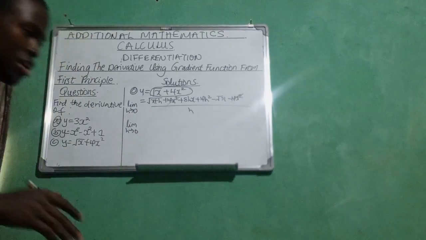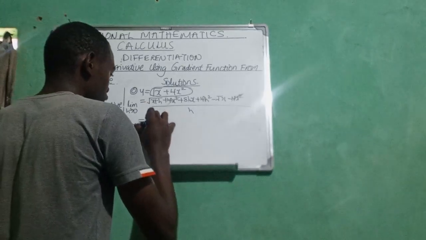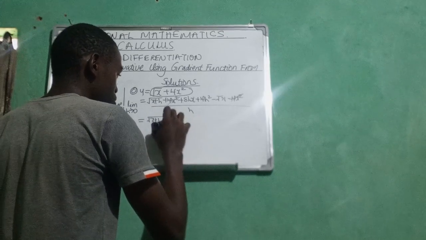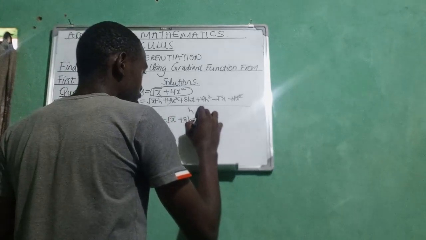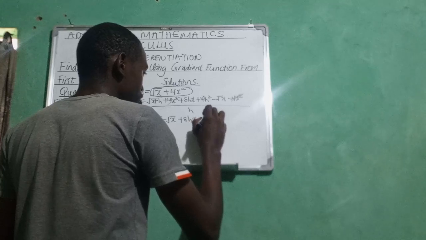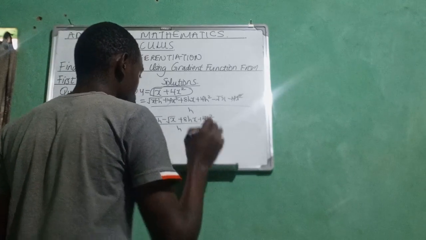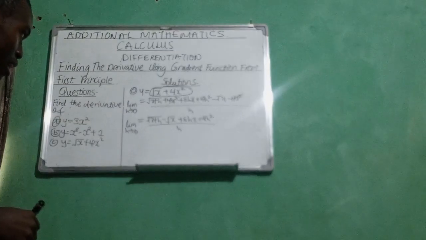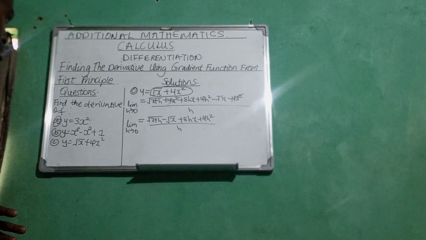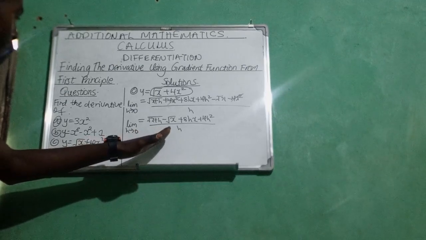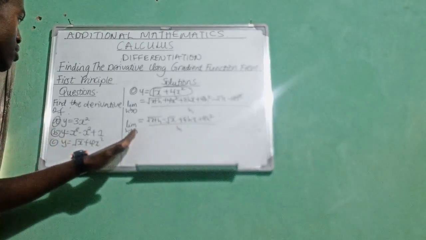Therefore, we take the limit as h approaches 0. When you reach this stage, everything that has the square root has to be grouped together. So it is equal to square root of x plus h minus square root of x, plus 8hx, then you add your 4h squared, then you divide by h.